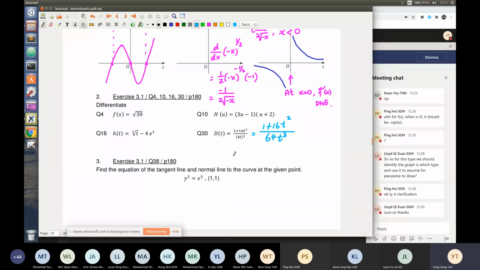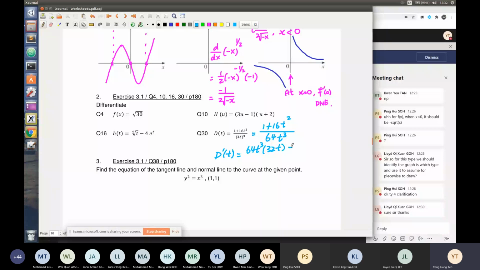So therefore, let's use the quotient rule. We have d prime t is equivalent to 64t cubed, hold the denominator, differentiate the numerator. Differentiate 1 gets 0, differentiate 16t squared, get 32t.